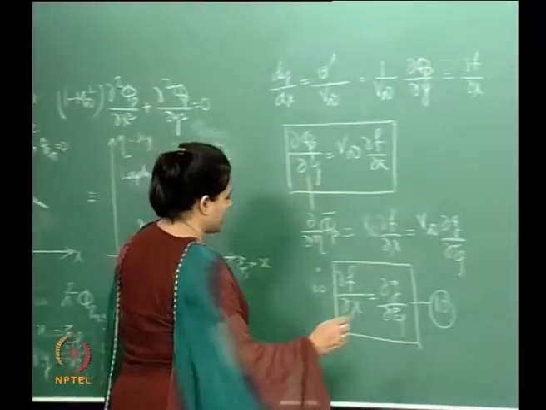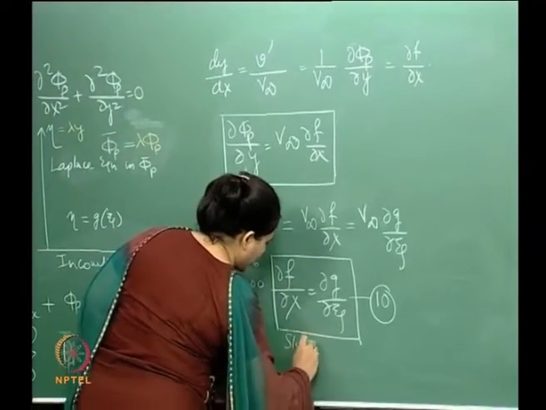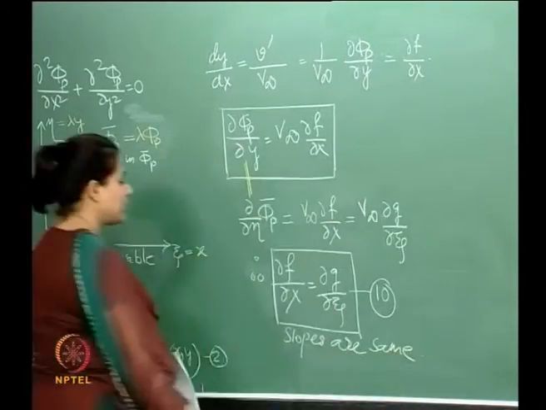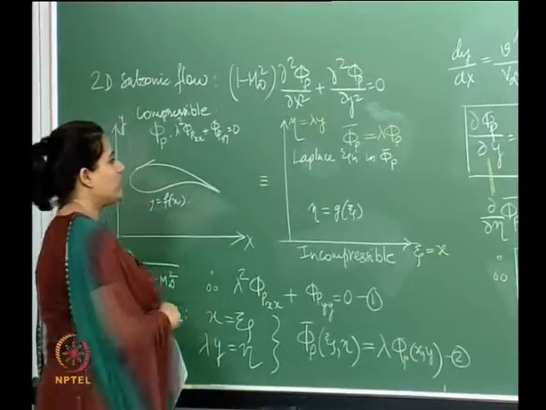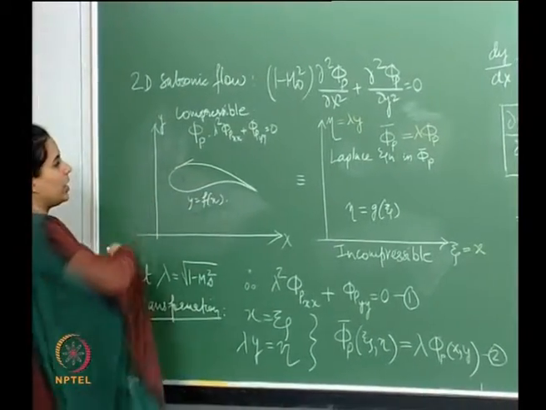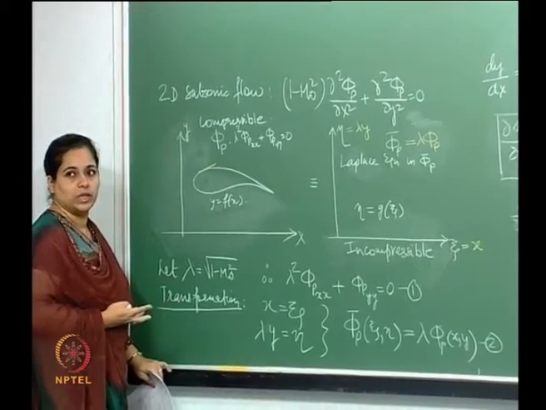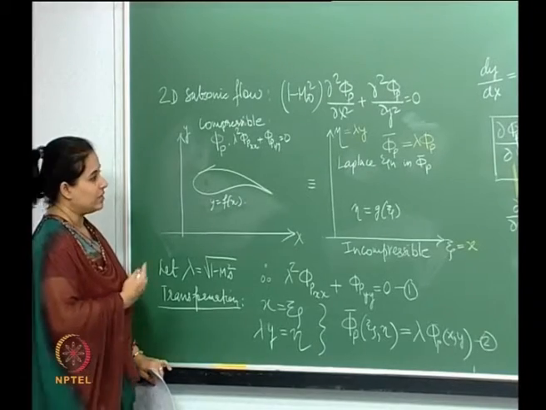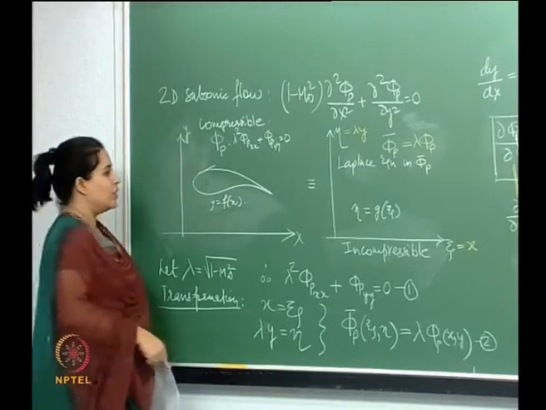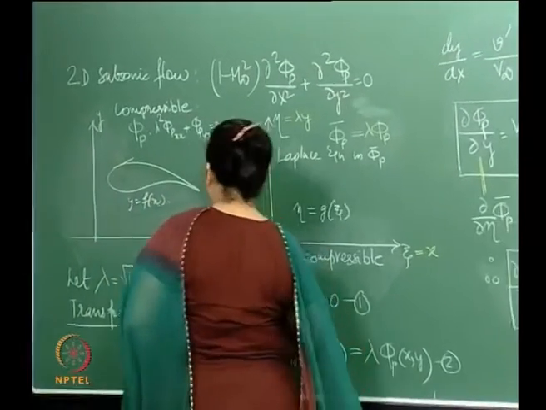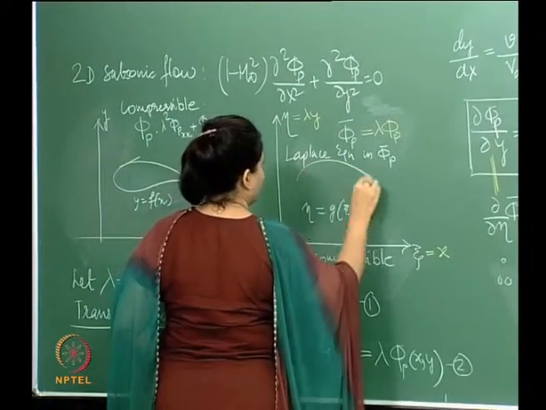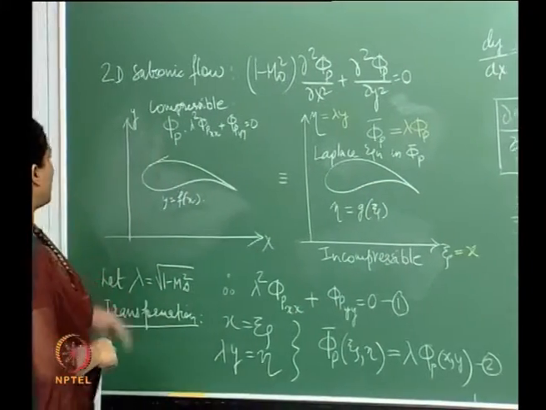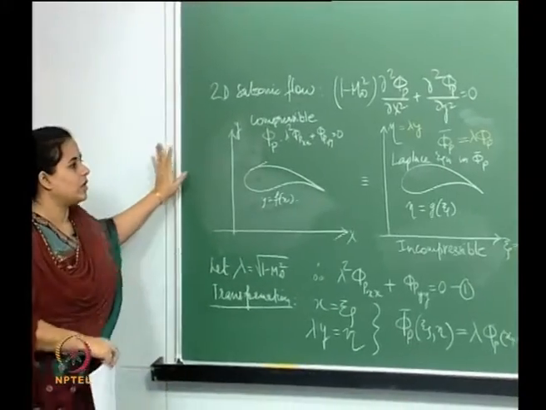So what we are basically saying here is that the slopes are the same, which means what? The slope of the body in the xy coordinate system is exactly the same as that in the transformed coordinates. What does this tell us? That the shape of the body doesn't change, which means that here too I have exactly the same shape as we had in the xy coordinate system.